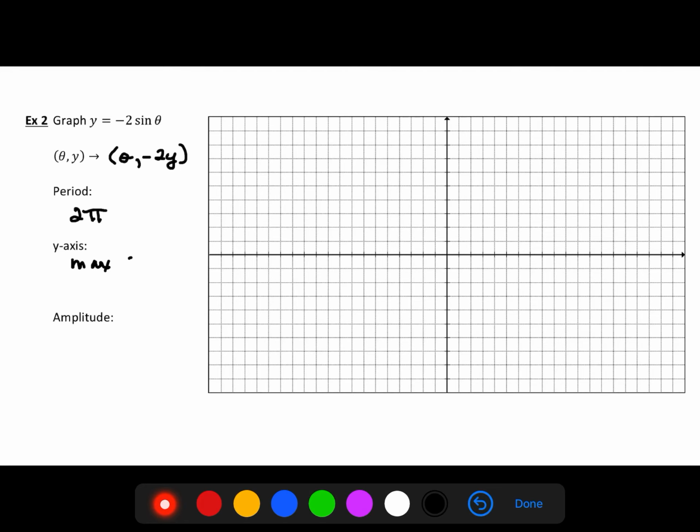Again, now this one we're going to graph in radians just to see how this goes. Our y-axis, we're still going to have a maximum of 2 and a minimum of -2, and our amplitude is still going to be 2. Remember the positive value of that a value out front. Now, our y-axis is going to be labeled exactly the same.